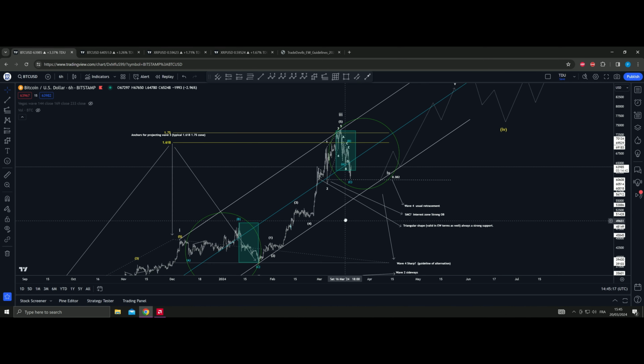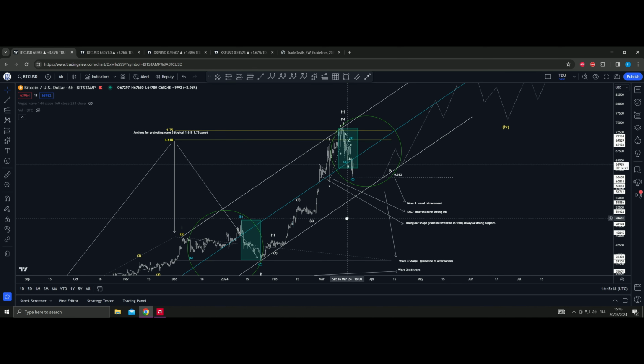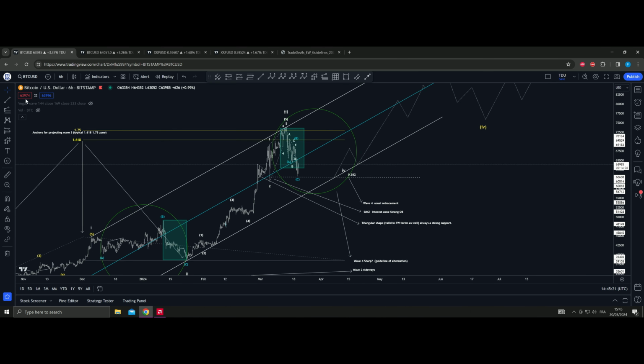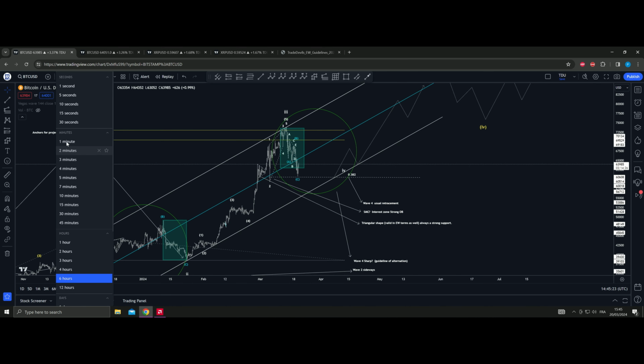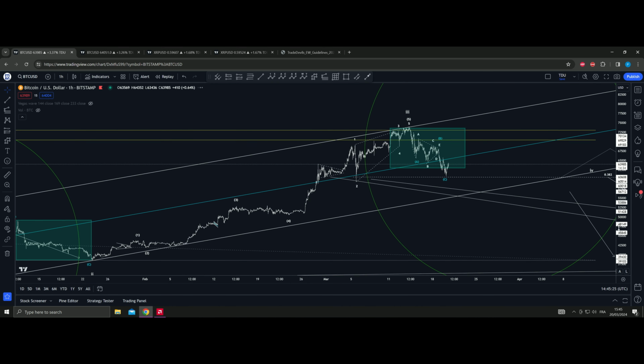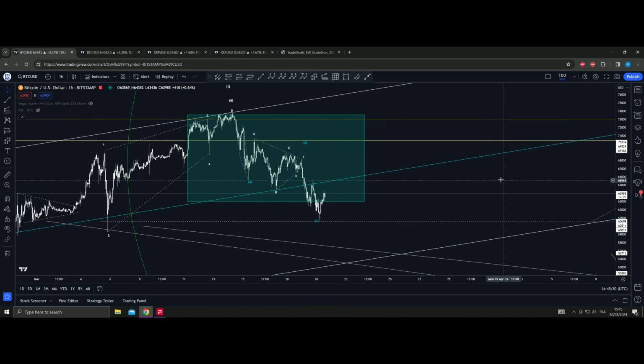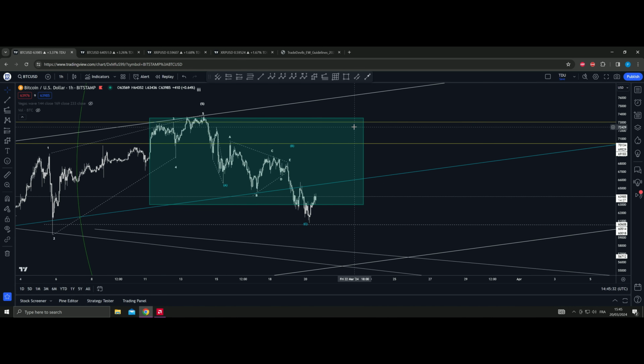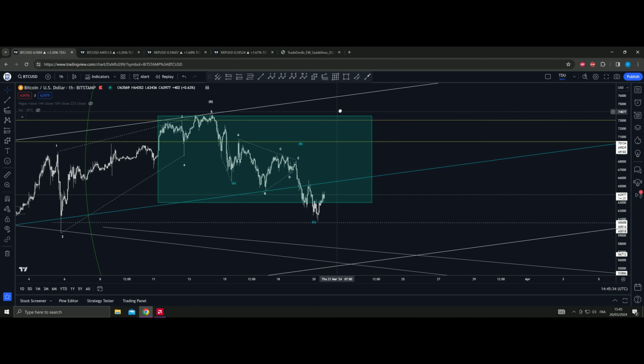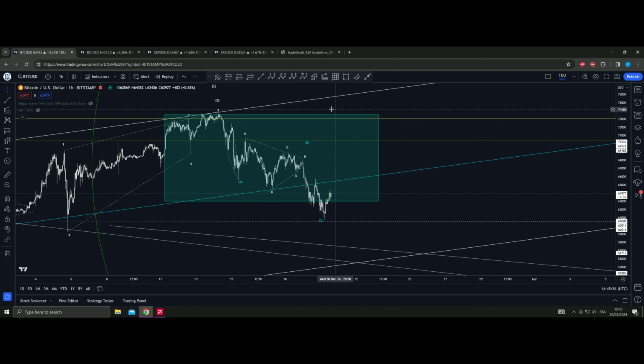Gonna shut that down, and perhaps let's take a look at this time frame. I was battling in counting this wave development.